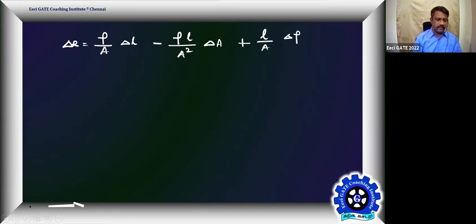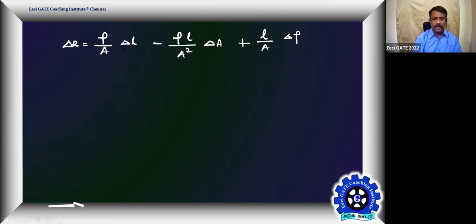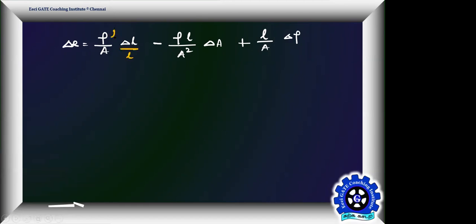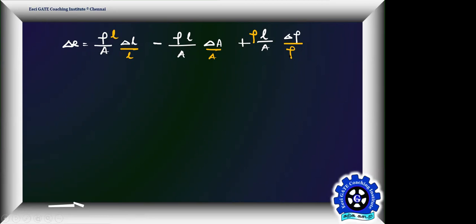Agree? Then let me divide by L and multiply by L, and divide by A; because I have A square, I'll split that into two terms. And here let me multiply by rho and divide by rho. Easy, everyone?